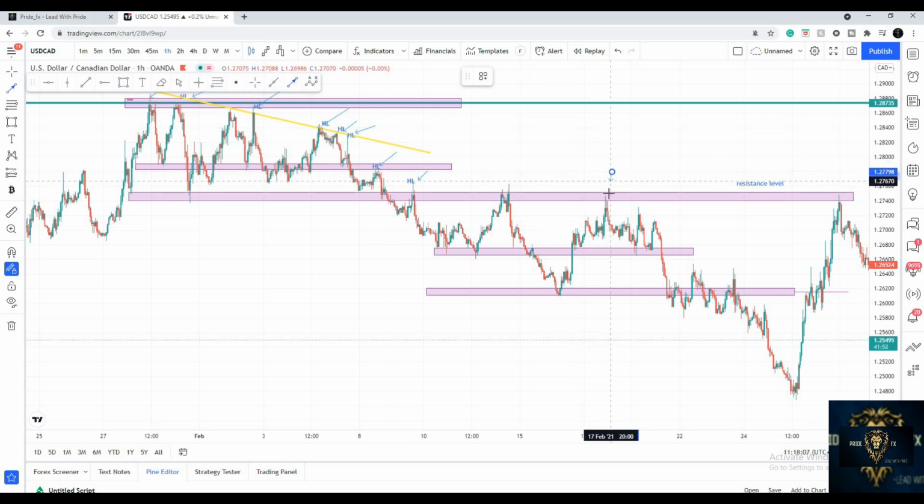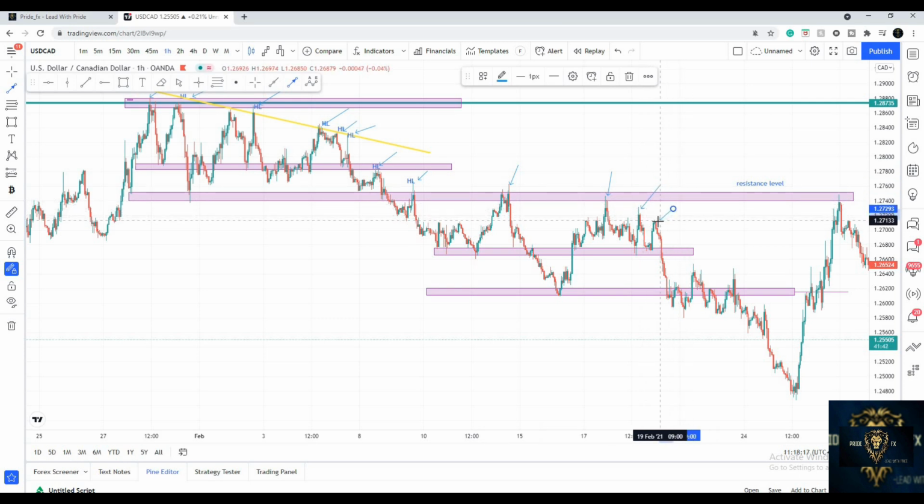Here is the highest point of this level, and then here you had your highest point, higher low, here's another higher low, here's another higher low. And so what happened? Your support structure was broken, right? And the same for this one. Here we had our highest point of that zone.